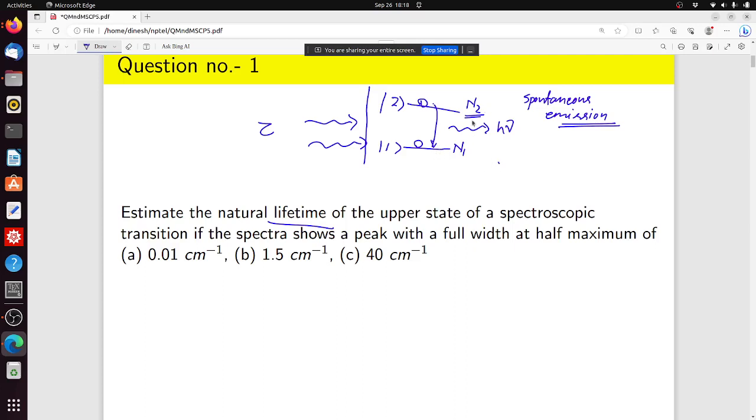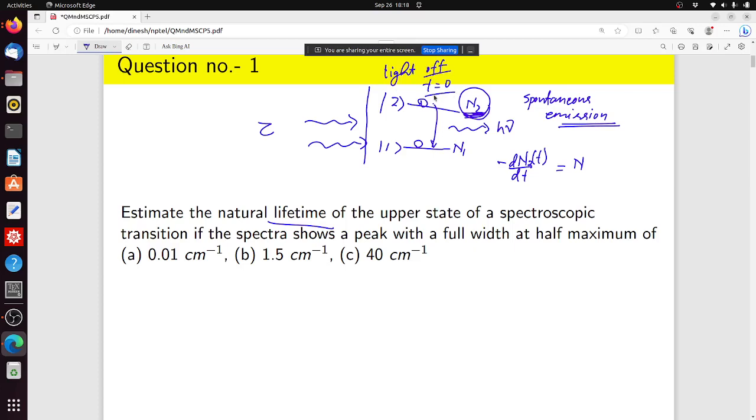So this rate of transition, dn2, depends on the population of the excited state. Let's say at time t equal to 0, n2 particles were there when the light is turned off.